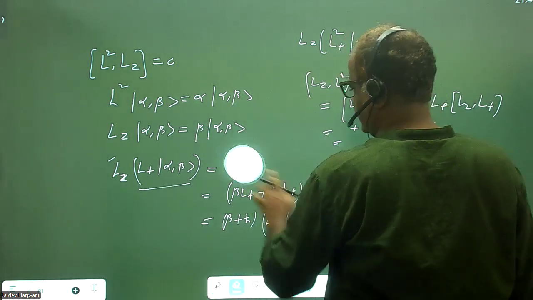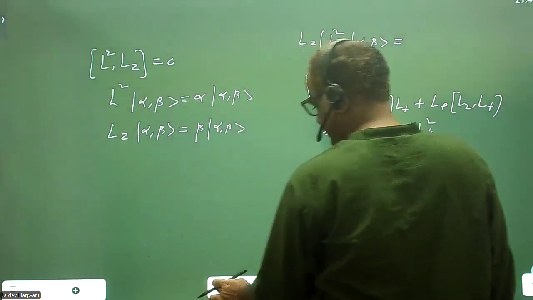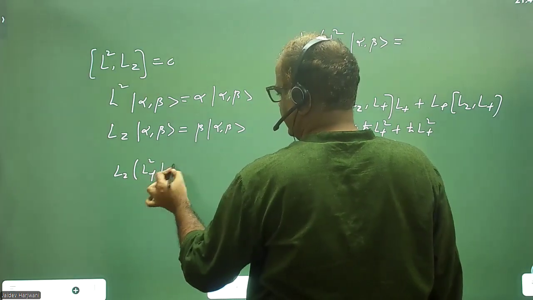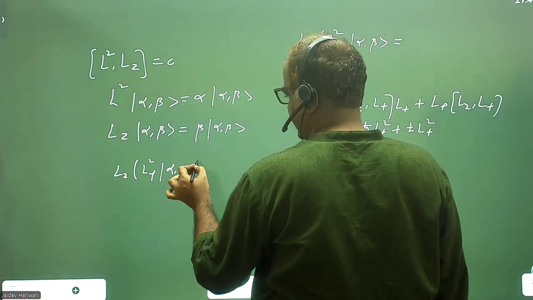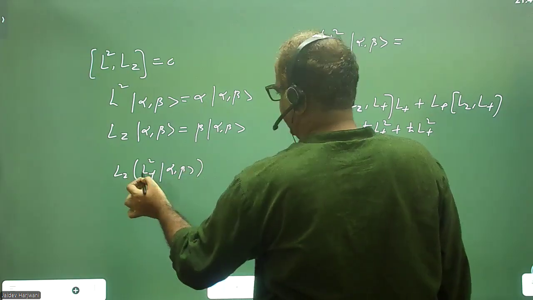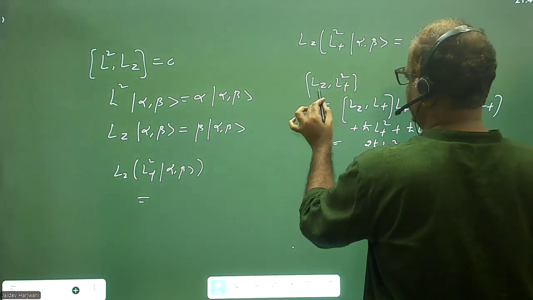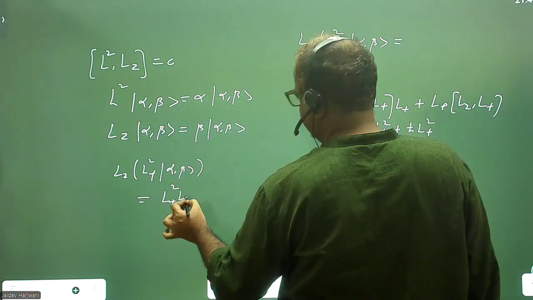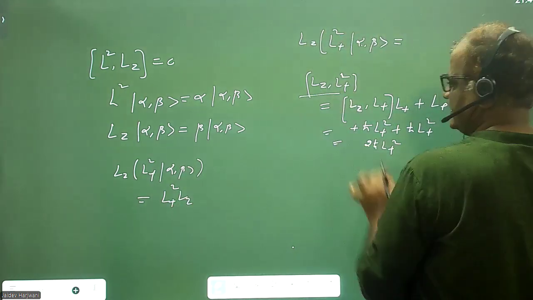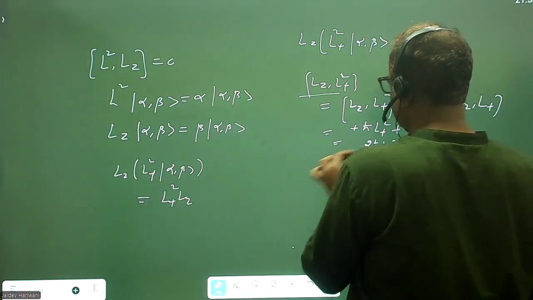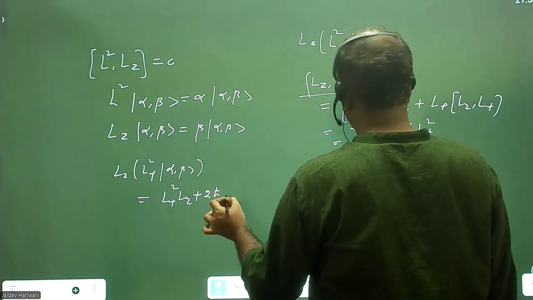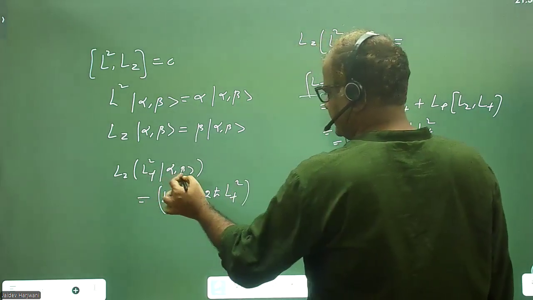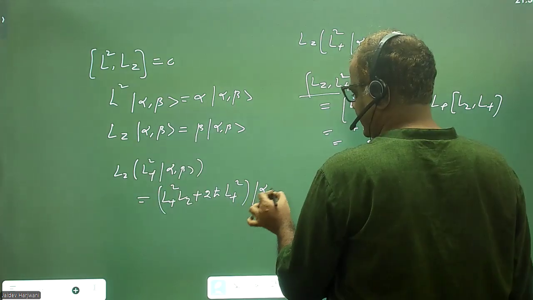Now let us operate this on the state. When I operate Lz on L plus square alpha beta, I can write Lz L plus square as L plus square Lz plus 2 H cut L plus square, and this has to operate on the state alpha beta.